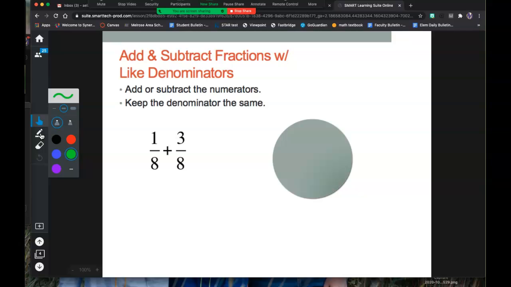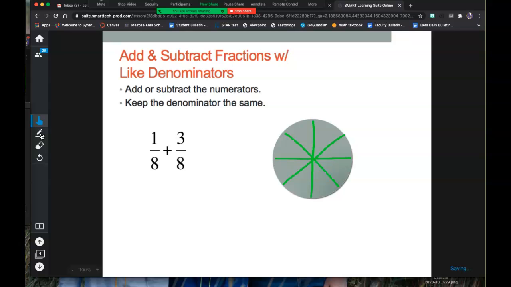If I have 1/8 plus 3/8, and let's say this is a pizza, the 8 just means it's cut into 8 separate parts. If I eat one of the 8 pieces right now, and then later I come back and eat 3 more, that means I have eaten 4/8 of the pizza.